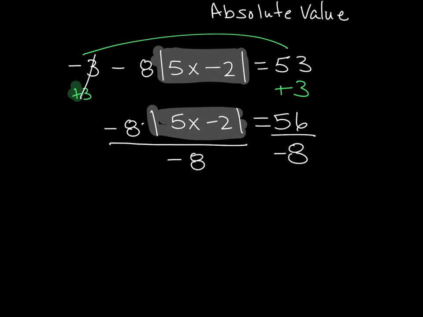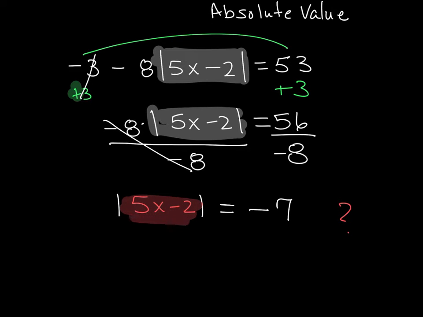All right, so now this is something really weird here. What happens? I have the absolute value of 5x minus 2 is equal to a negative 7. Now, let's think about that for a second. Is that possible? And the answer to that question is no, because whenever you have anything that is inside that absolute value, it always must be positive, not a negative.